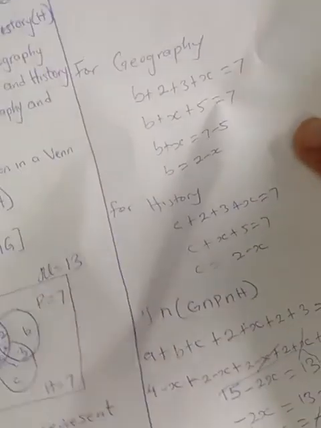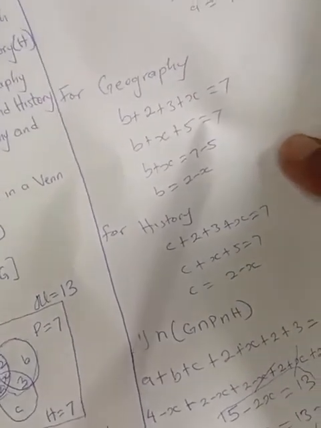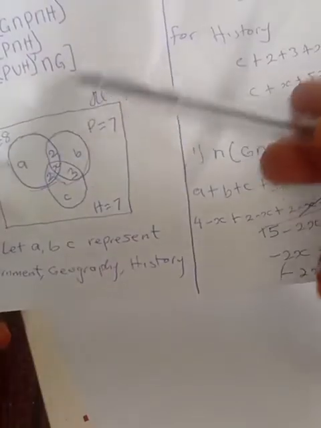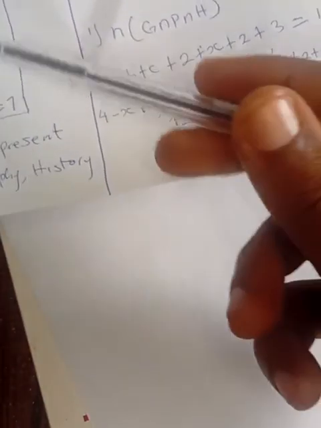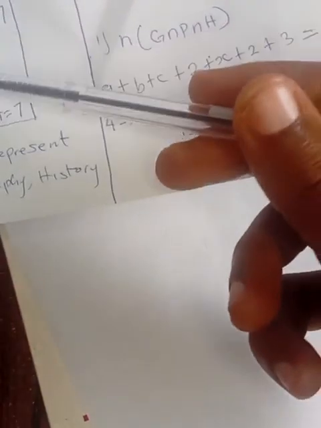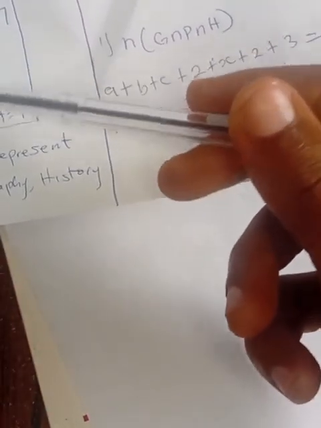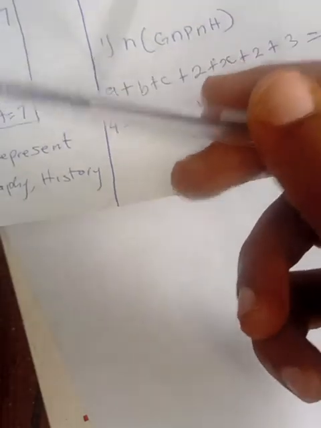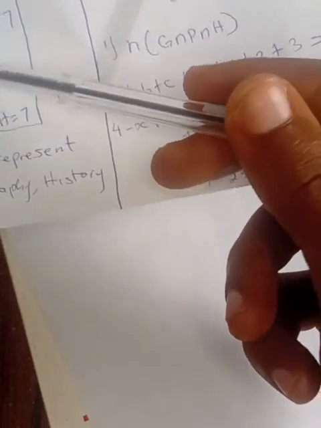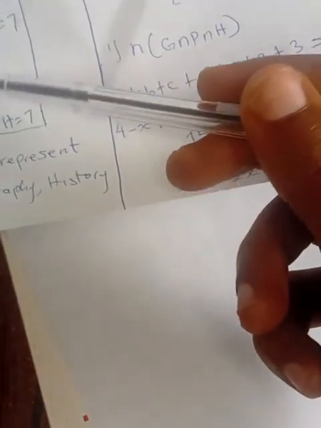If x equals 1, the next thing we are asked to do is P intersect H. Look at the Venn diagram. What is the common thing there? When you see P intersect H, that's geography and history. This is their common factor.